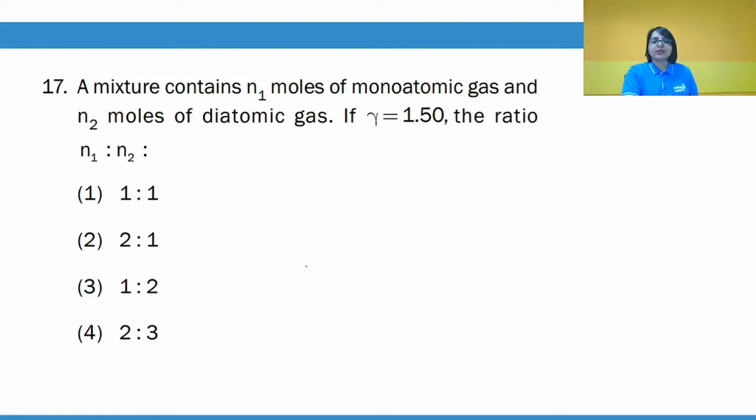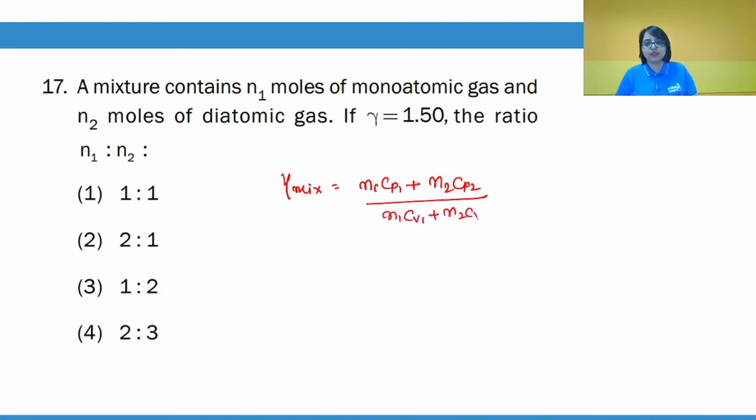A mixture contains N1 moles of a monoatomic gas and N2 moles of a diatomic gas, and gamma is 1.50. The ratio of N1 to N2 is? So gamma of the mixture is given by (N1 Cp1 plus N2 Cp2) divided by (N1 Cv1 plus N2 Cv2).